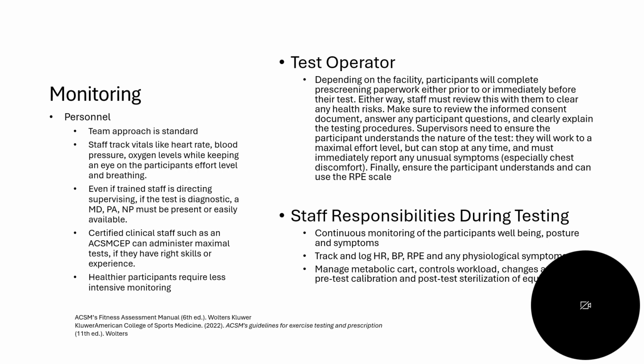The supervisors need to ensure that the participant understands the nature of the test, as they will work to a maximal effort level, but can stop at any time and must immediately report any unusual symptoms, especially chest discomfort. And finally, the supervisors must ensure the participant understands and can use the RPE scale.